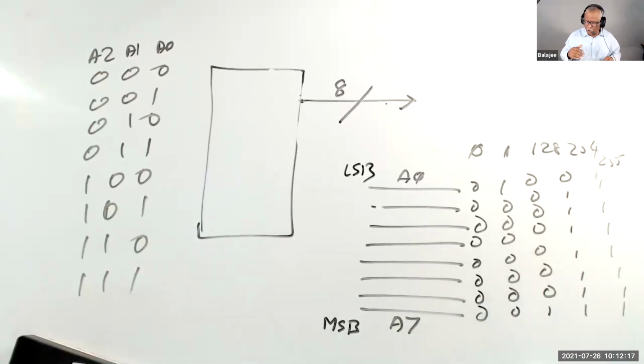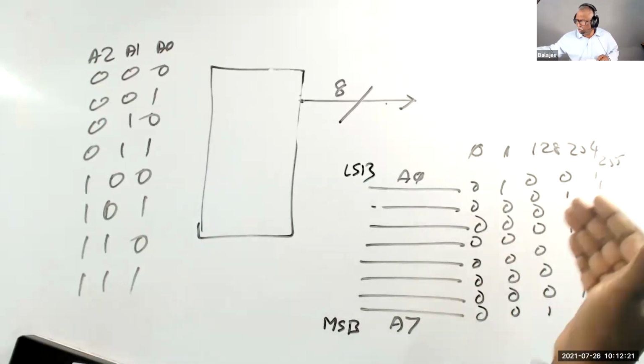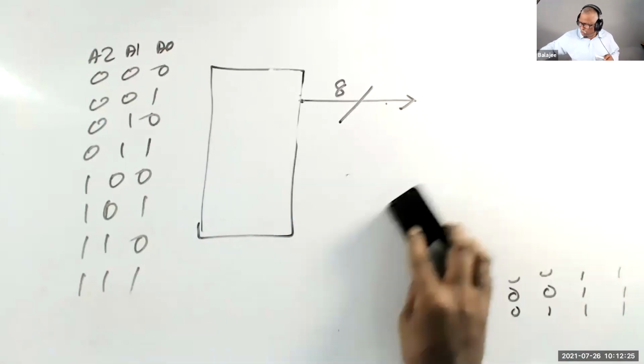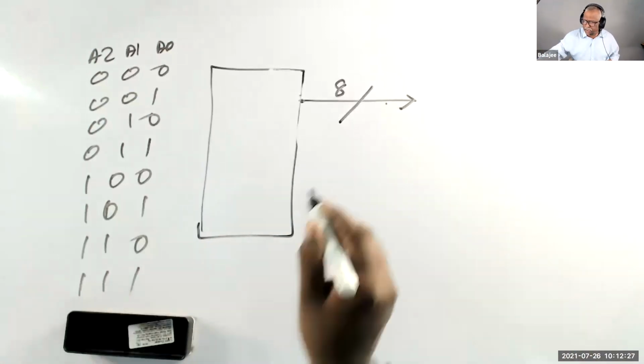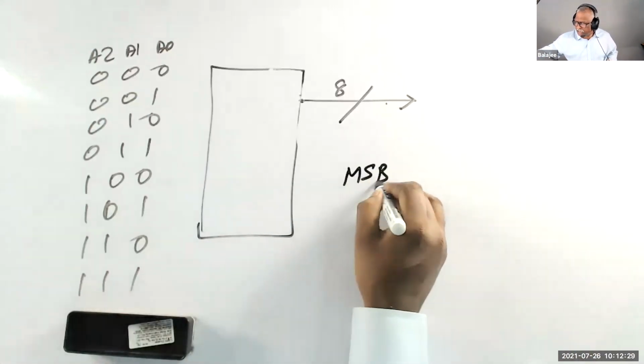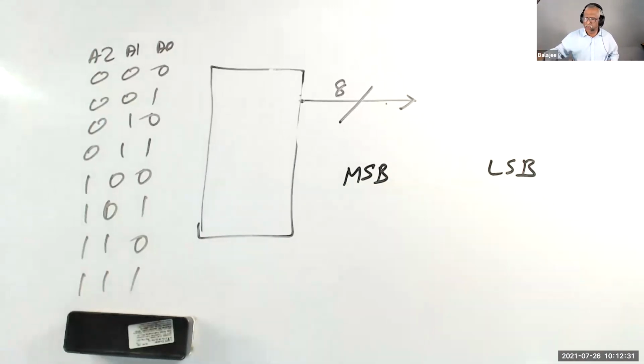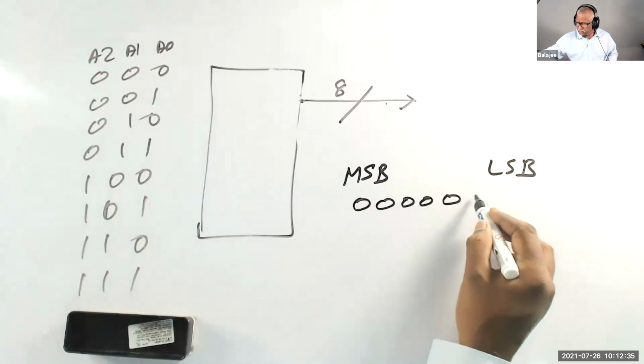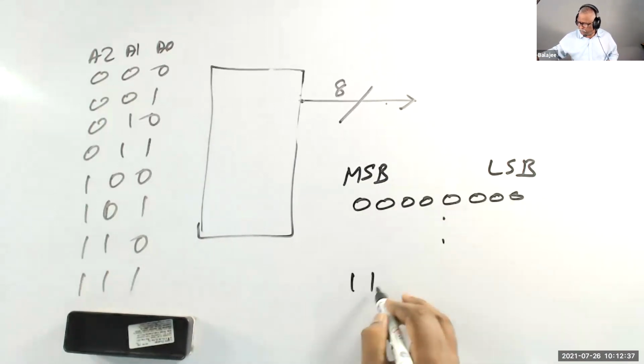Am I right? So this is how it varies from 0 to this number. You have to be very clear on this. So always try to write MSB on the left side and LSB on the right side, starting from all 0s up to all 1s.